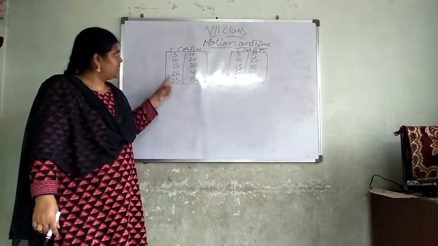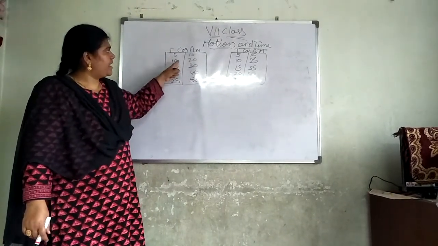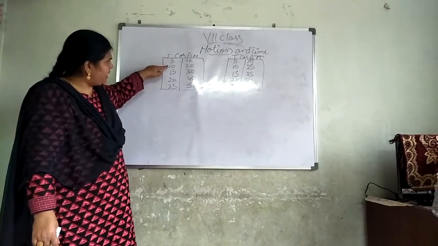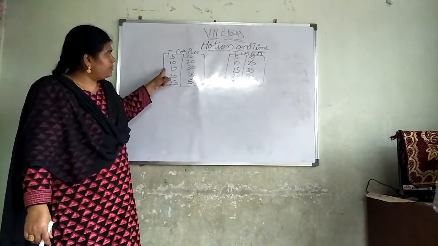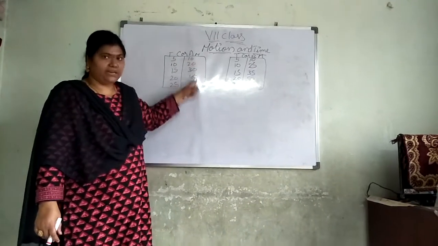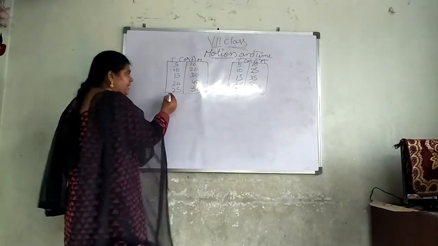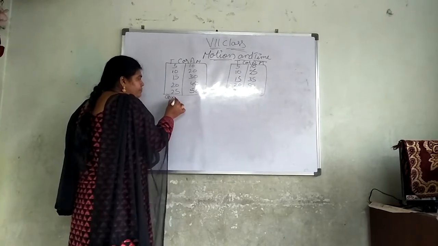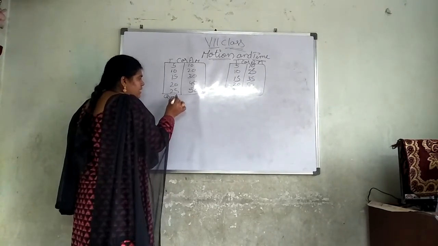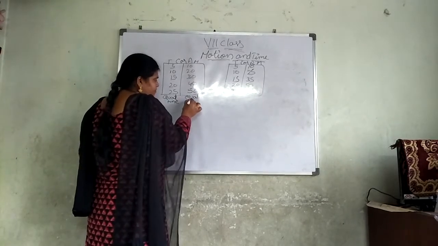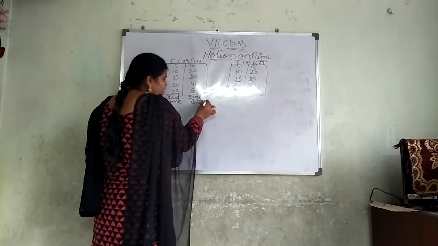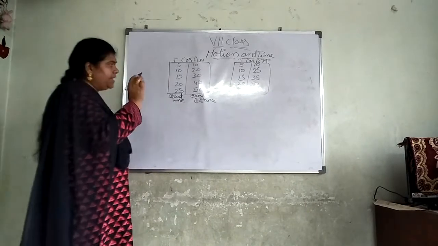You can see the difference between 5, 10, 15, 20, 25 is 5 minutes. Within 5 minutes, it is travelling 10 meters. Means equal time, equal distance. In the first case, the car is travelling equal distance in equal time.